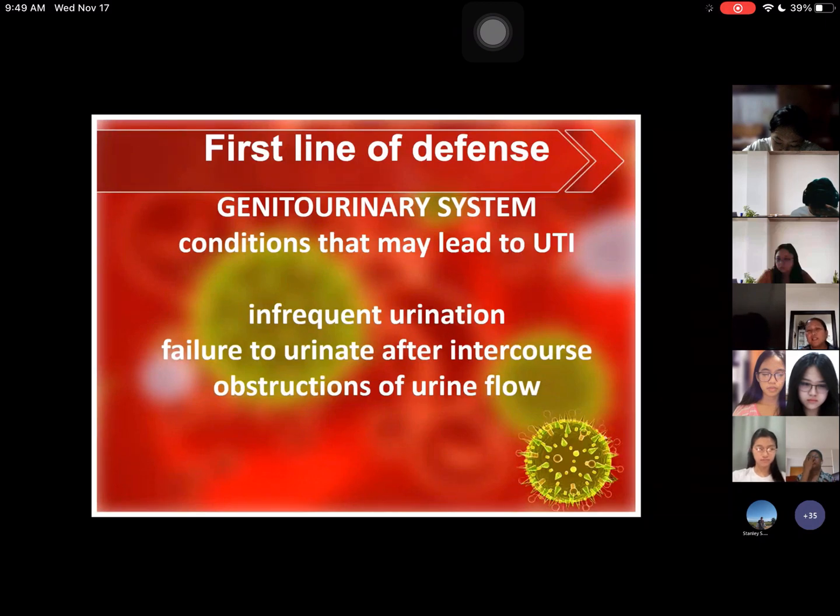Of course, you don't know this at your age, because I'm assuming that at your age you are not engaging in sexual acts. But failure to urinate after intercourse usually causes urinary tract infection.